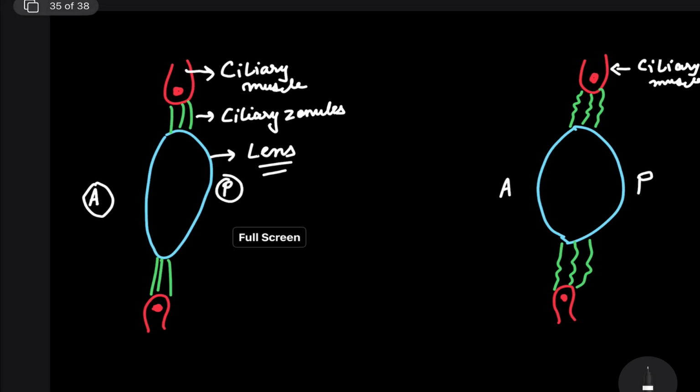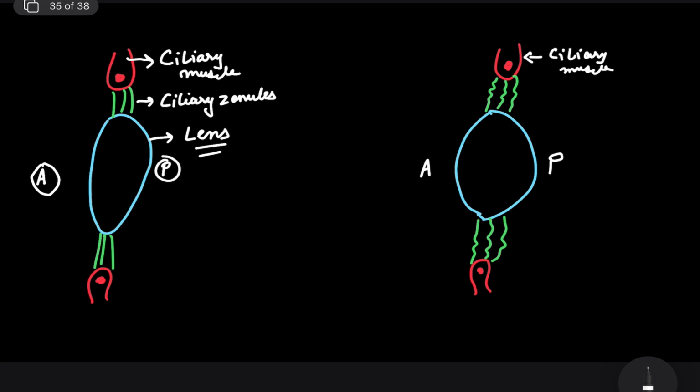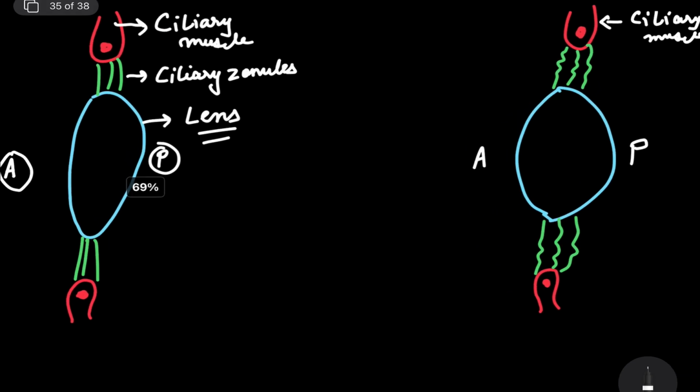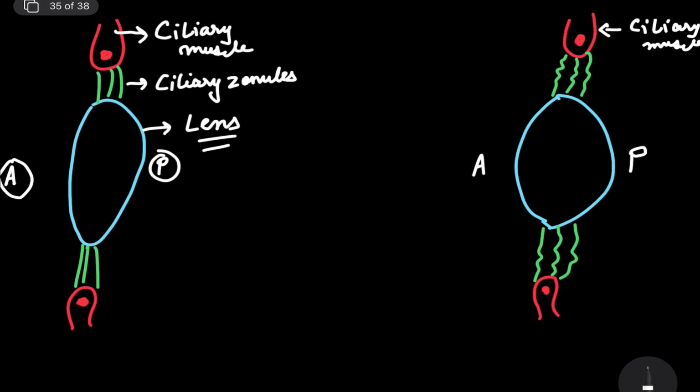So basically the light rays are coming from the anterior side, and posterior side is facing which part of the eye? Yes, posterior part is facing the vitreous chamber in the eye. We have already talked about the anatomy of the eye somewhat, so we know all these things. Similarly, over here, this is the ciliary zonules, and this over here is the lens.